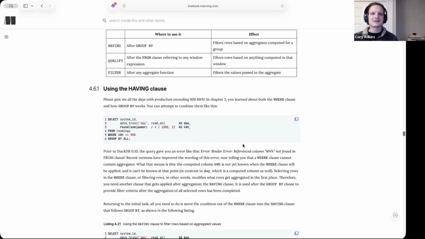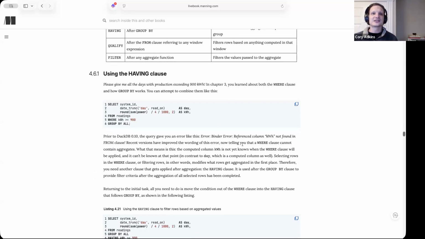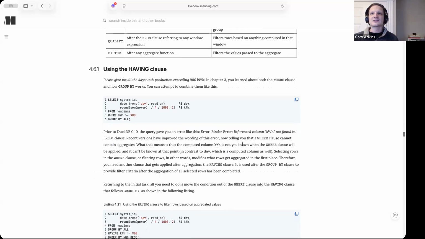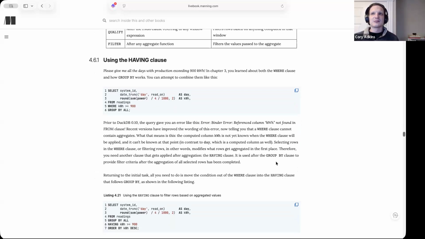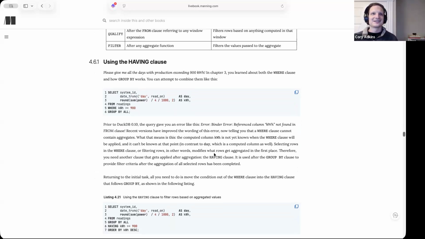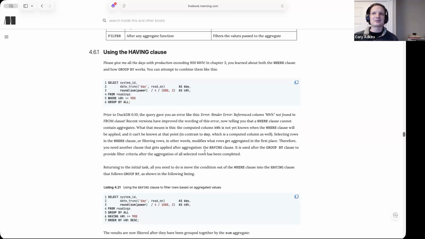And so I think the most common one that we would use is just using the having clause. By contrast to the where clause, which operates on the pre, am I right about that? Yeah, where clause operates on the data before grouping and aggregation. Having operates on the data after grouping and aggregation.